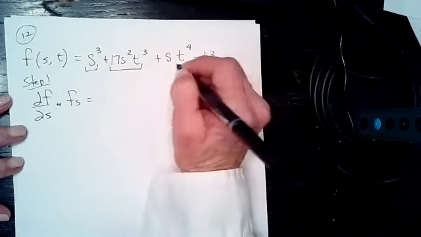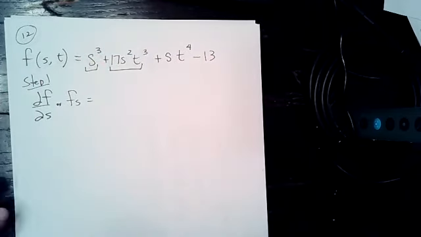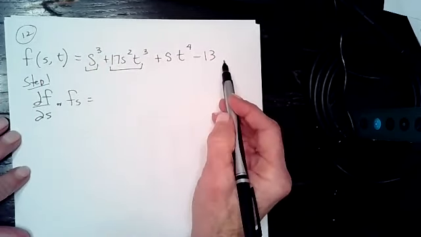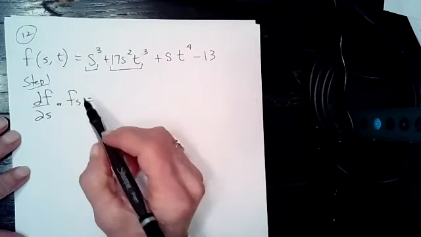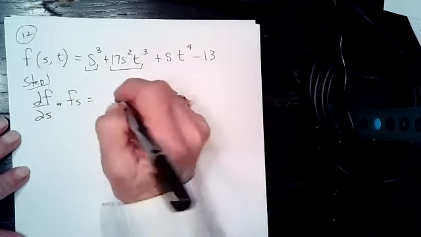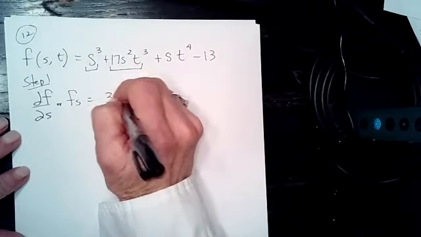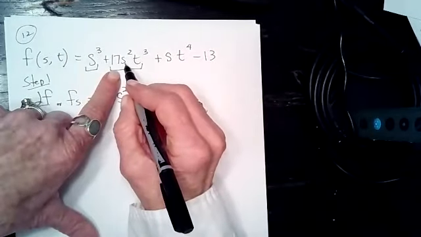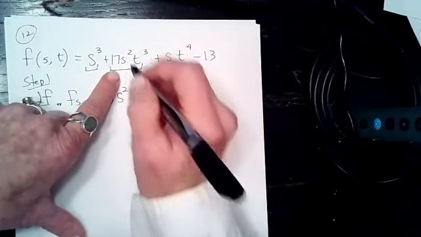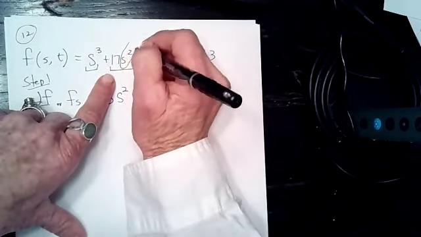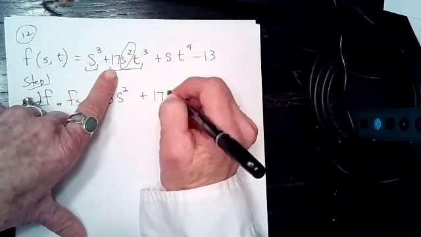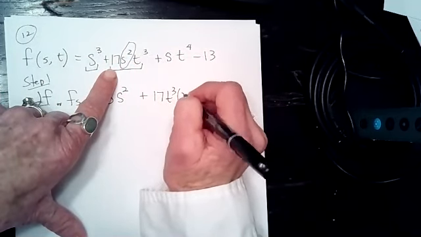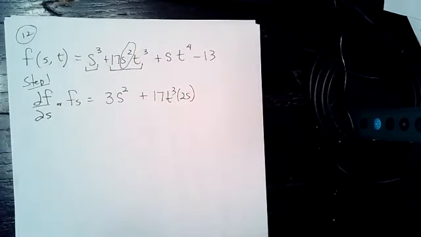Here's an s term, and that's it. So this is constant. This is constant. So the derivative of an s term with just s's in it is normal, 3s squared, plus the derivative of an s times t term is what? It's the constant term, 17t cubed times 2s.